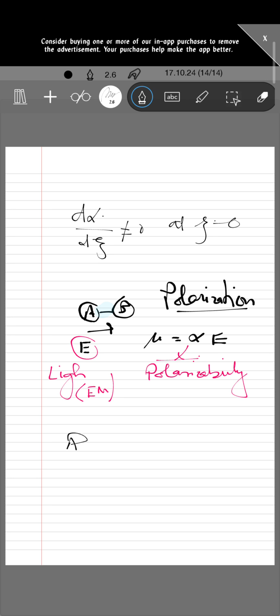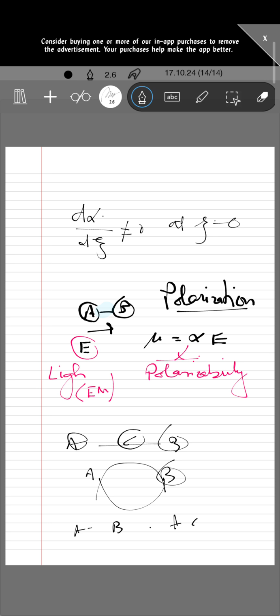It can stretch like this, or it can bend in this fashion or this fashion. Now, instead of AB, if the molecule is ABC, then if you compare AB and ABC, the stretching may not be as symmetric in ACB as in AB.